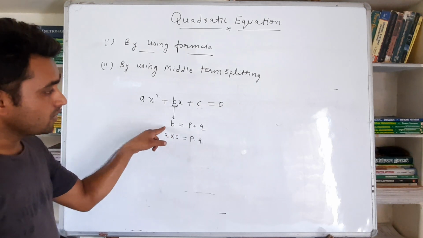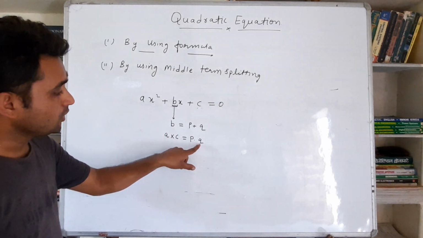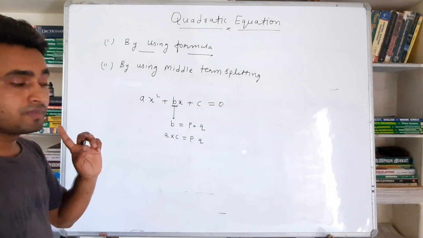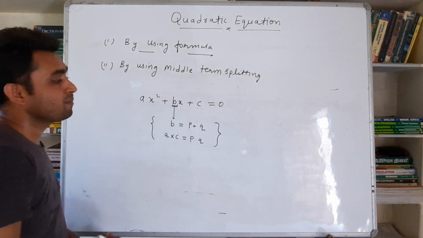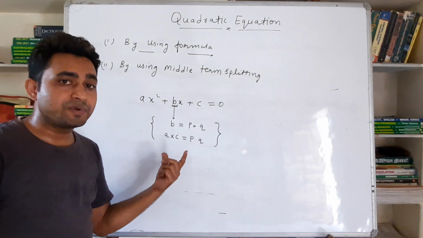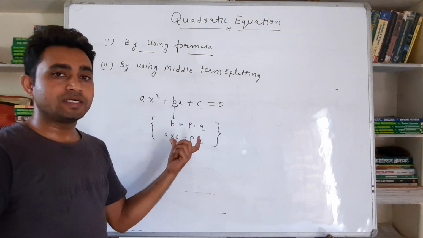It means p plus q should be equal to b, and p into q should be equal to ac. So this is the concept behind the middle term splitting method.